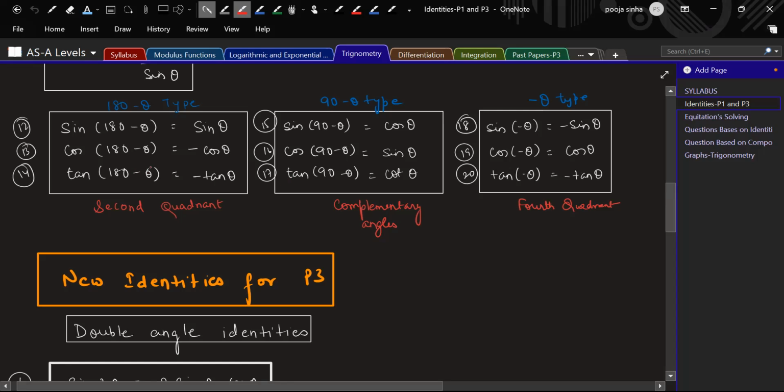So over there, all are positive. But we are talking about 180 minus theta, which means we are talking only about the second quadrant. So everything in the second quadrant except sine will be negative. So that's why cos and tan both are showing a negative sign.